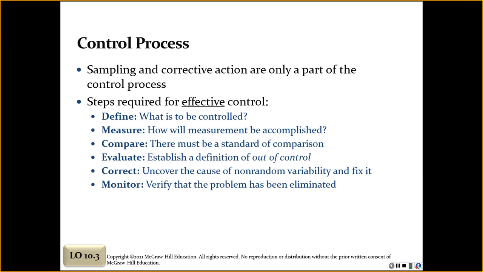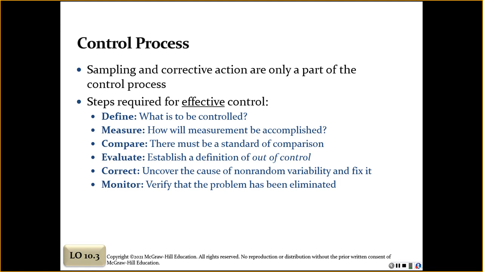So there are different characteristics that go into just something as simple as paint, that require different approaches to controlling the process or the inspection. It's also important to consider how measurements will be accomplished. You want to use only characteristics that can be counted. Next, you have to make a standard of comparison, so that you can measure something and evaluate it based off of whatever it's being compared to.